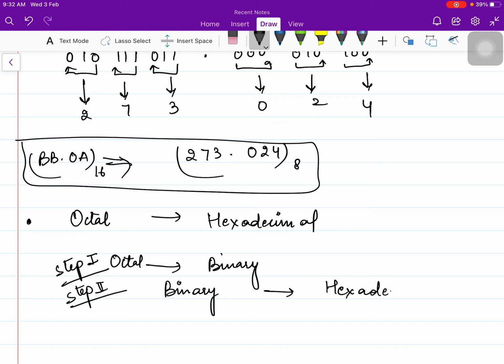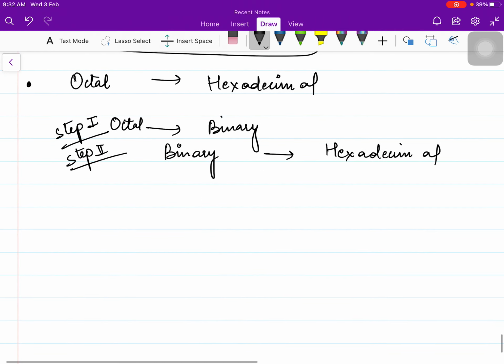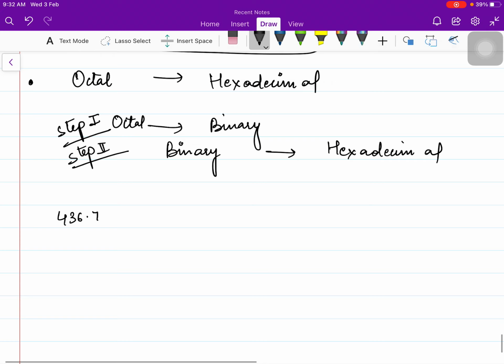Then finally the octal will be converted into hexadecimal. So let us try out this question also. 436.71 in octal, and you are asked to convert it into hexadecimal.